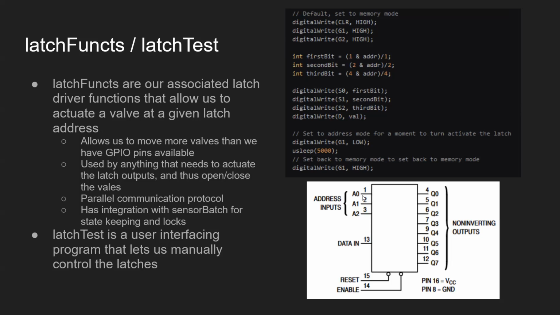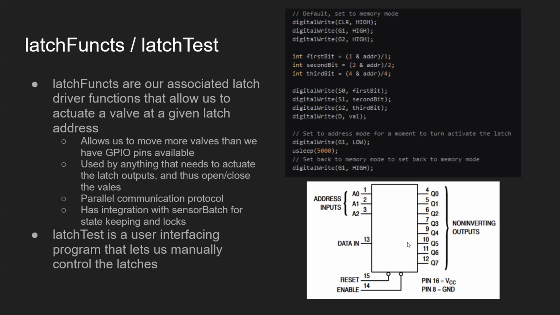A0 could be 0 or 1, A1 could be 0 or 1, A2 can be 0 or 1. At the top you see first bit, second bit, third bit, those are the addresses, and you write to each of these. A0, A1, A2 are connected to the Raspberry Pi's GPIOs, and you write to the given address by setting those pins. Then you set the output value at that address high or low by setting the data line high or low.